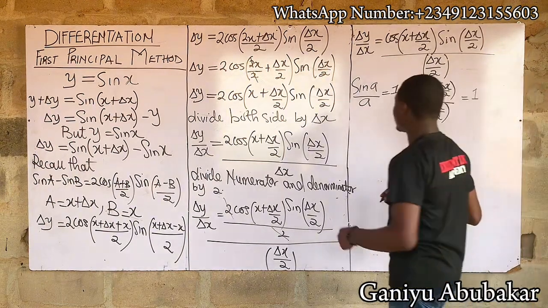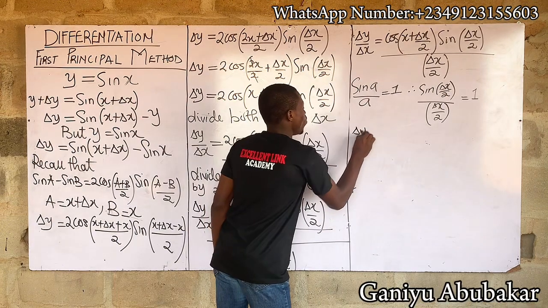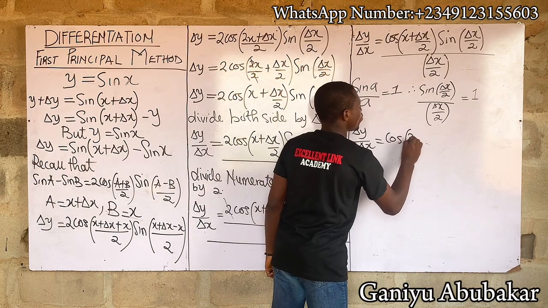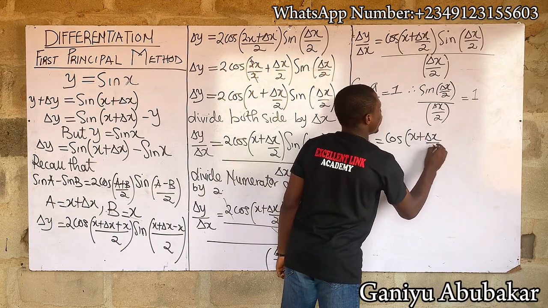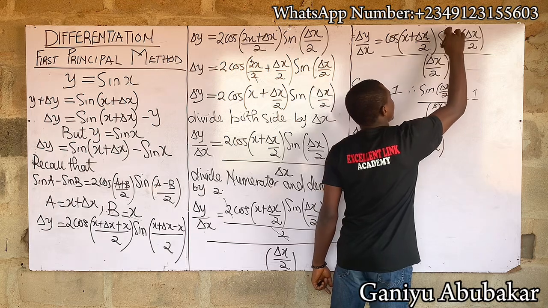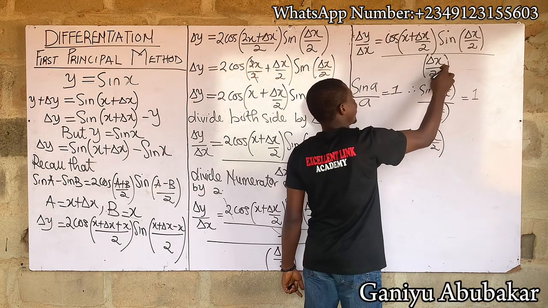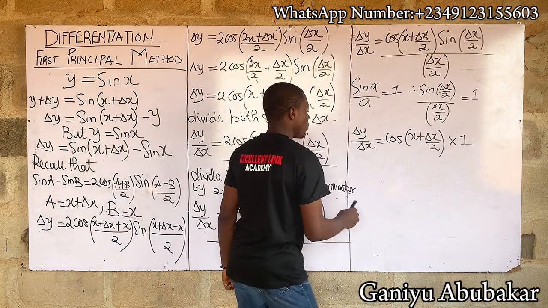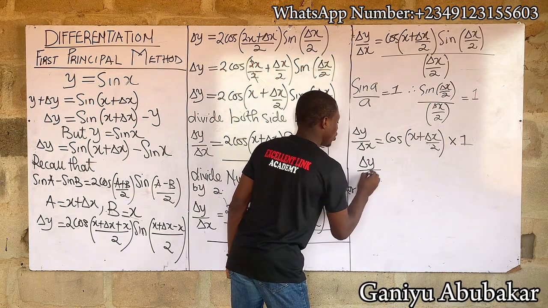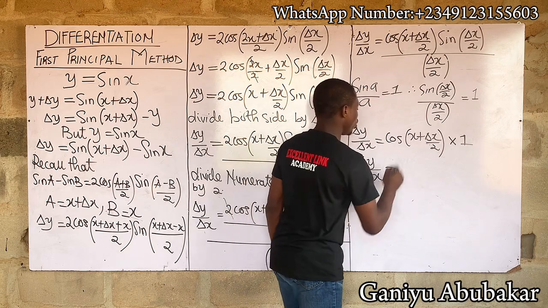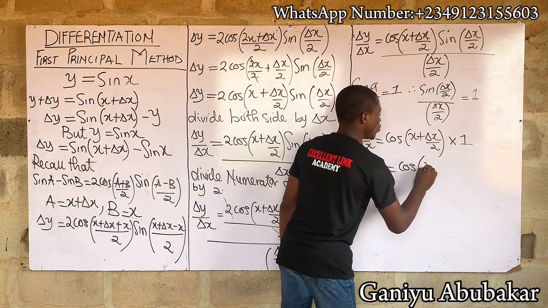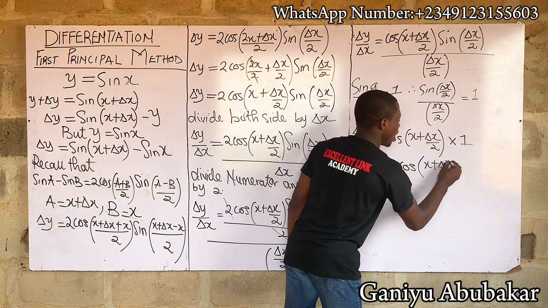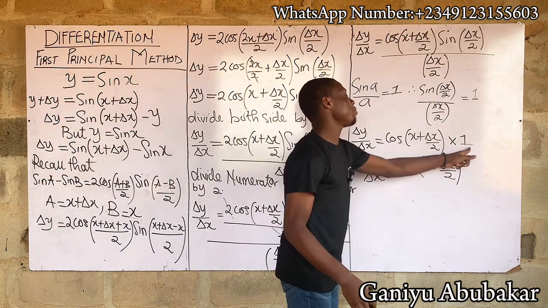So therefore, we're having change in y over change in x equal to cos of (x plus change in x over 2), and this sine of (change in x over 2) over (change in x over 2) is just 1. 1 times anything is that thing.